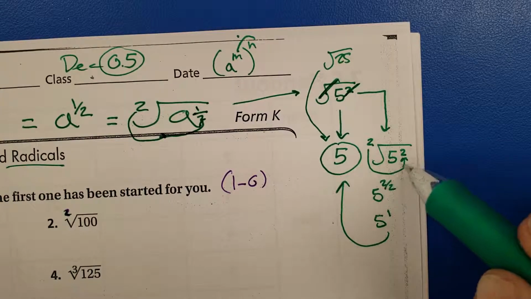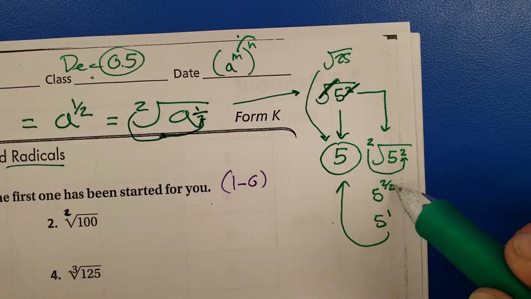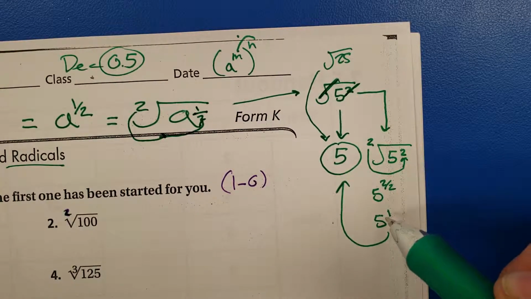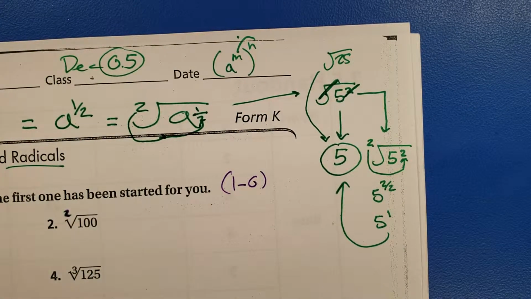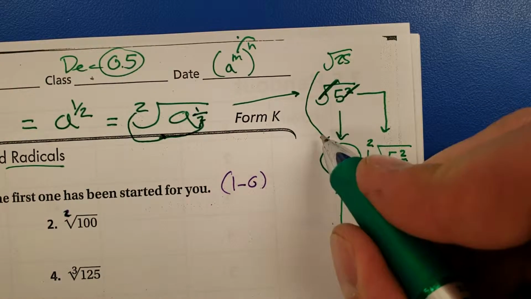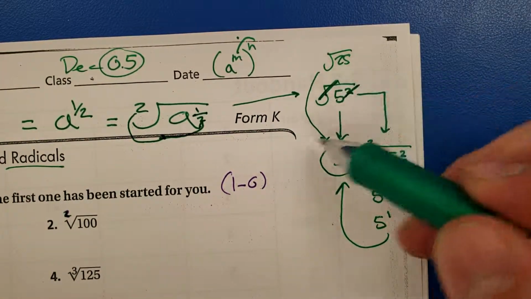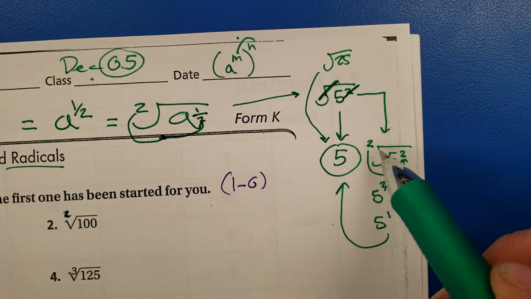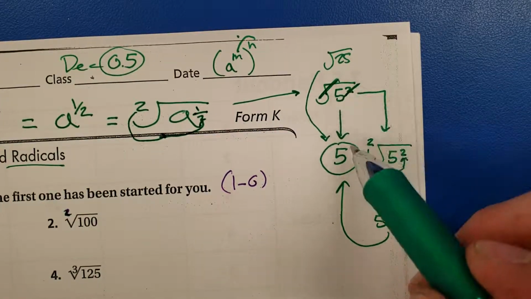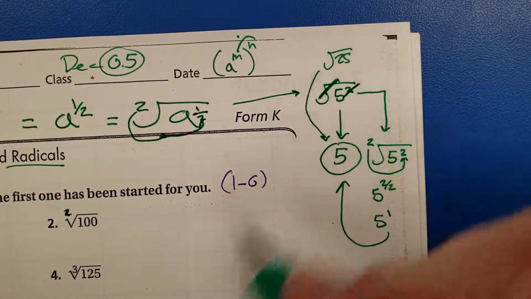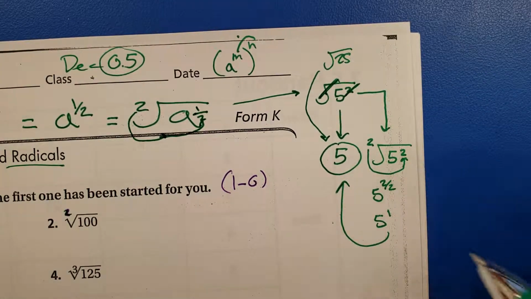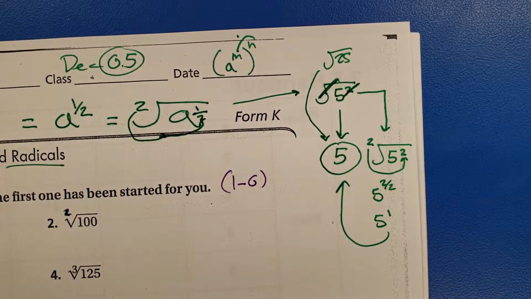The 2 sneaks in, so it becomes 2 over 2, and then it's 5 to the first power, so it becomes a 5. That's it. Anything to the first power is just itself. So there you go, 1, 2, 3 ways to understand that the square root of 5 squared just becomes a 5. I could probably do another way really quick, but that's enough ways. I don't need to show you 4,000 different ways to get the same number, okay?